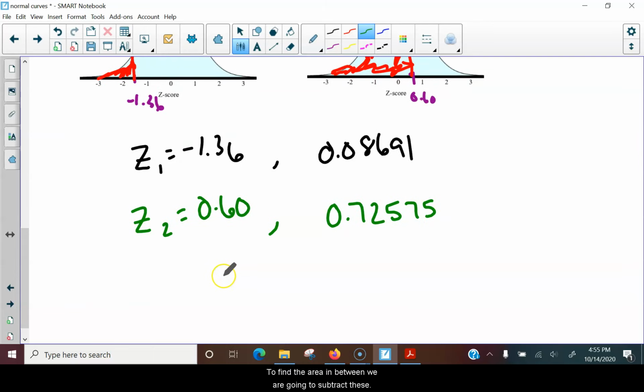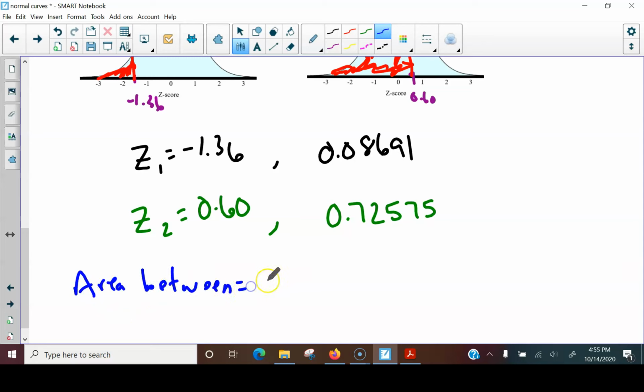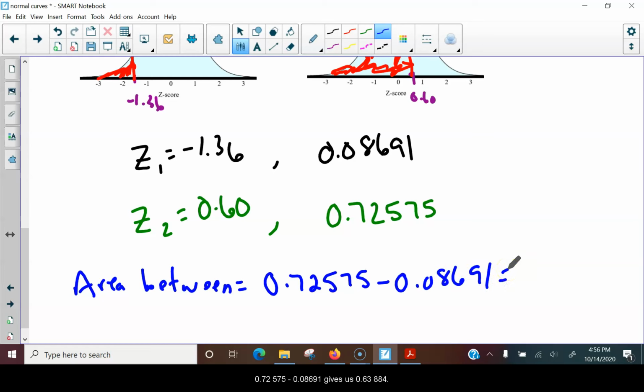To find the area in between, we are going to subtract these. 0.72575 minus 0.08691 gives us 0.63884.